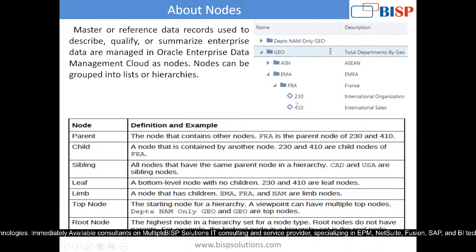We know that these two are siblings, and these two are also siblings, and these two are also siblings. And what is the root node? The highest node in the hierarchy set of a node type. The root node does not have parents. For example, the highest node in the hierarchy set is the root node. So the root node is the highest node in the hierarchy.